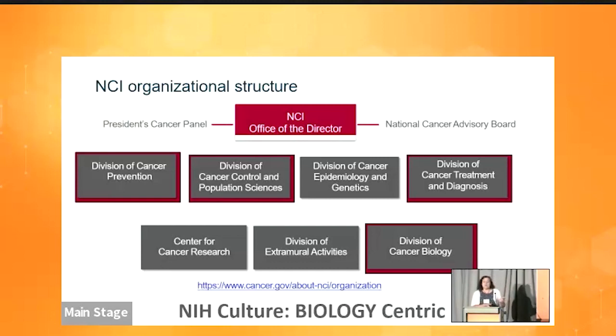And then there's DCTD, or the Division of Cancer Treatment and Diagnosis. That's my division. And within that division, I am in the cancer diagnosis program. And my actual branch is the diagnostic biomarkers and technology. So I have sort of 2 focuses in my grant portfolio. One is technology development, and one is GU cancers.